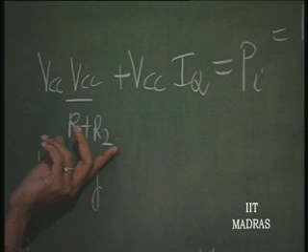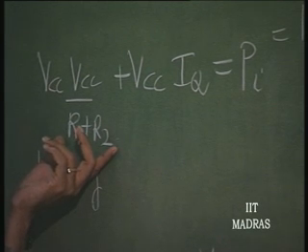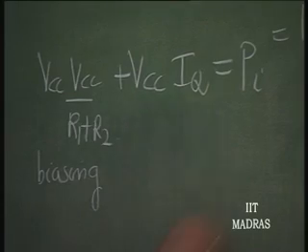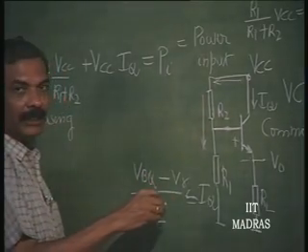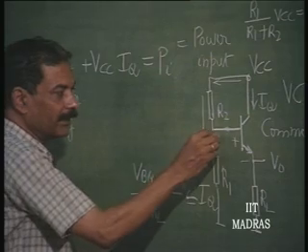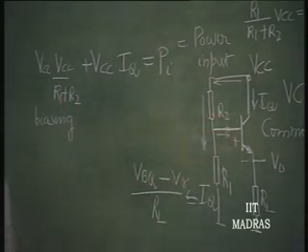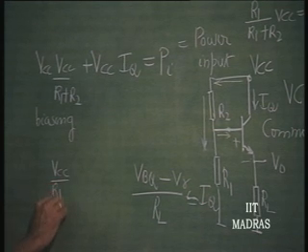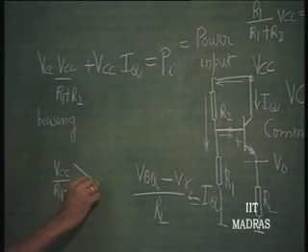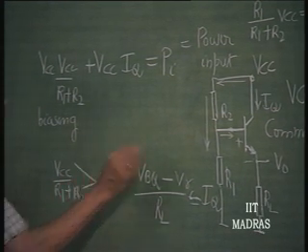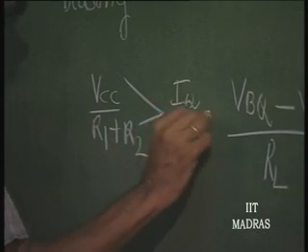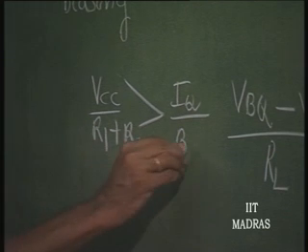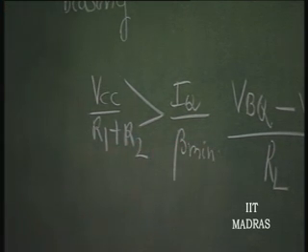By selecting R1 plus R2 large, not too large, because this current VCC by R1 plus R2 should be definitely much greater than the base current. We have ignored that base current. That means, this current VCC by R1 plus R2 should be definitely greater than IQ divided by beta, this is let us say beta minimum worst case.